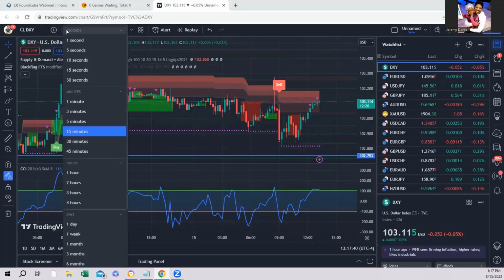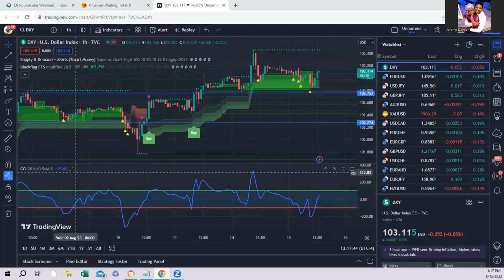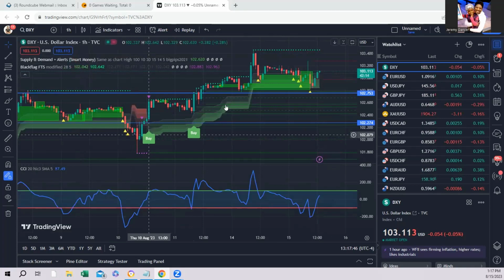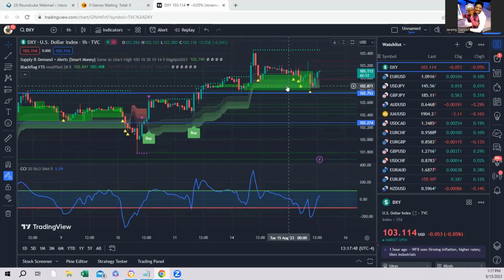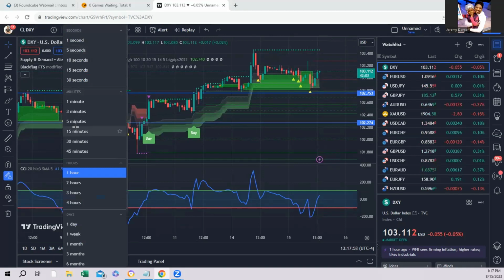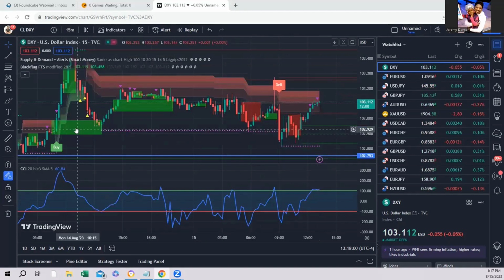Just to make sure we're clear on this, you can use it on the longer time frames to get the overall trend. But if you're looking for areas where you want to take profit, or if you want to adjust your stop loss, then go to the shorter time frames, like the 15-minute time frame. I think that's a good one to use.